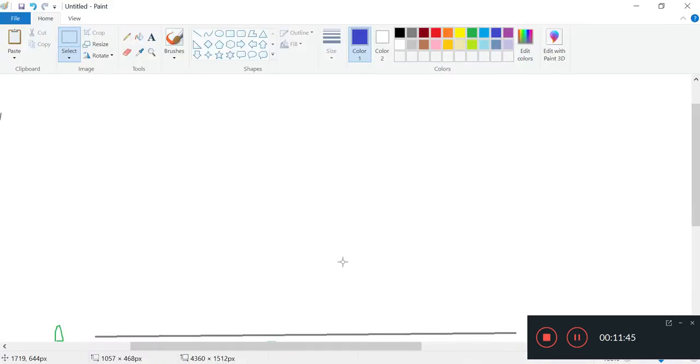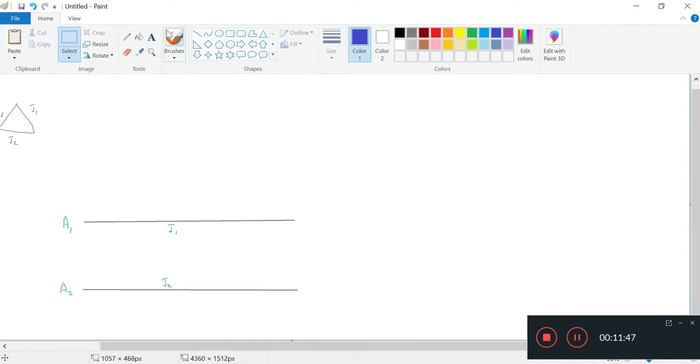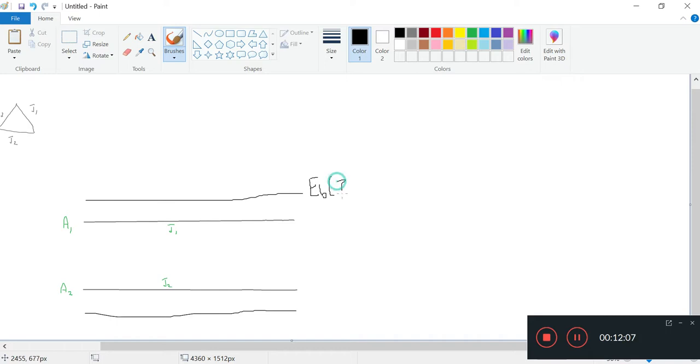Between these two surfaces, imagine there is an ideal black body here, which represents the bottom surface as if it were a black body with emissivity equal to 1. So it's EB1 T for the first surface. This is EB2 T for the second surface.